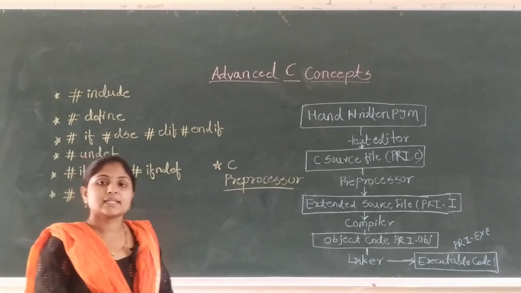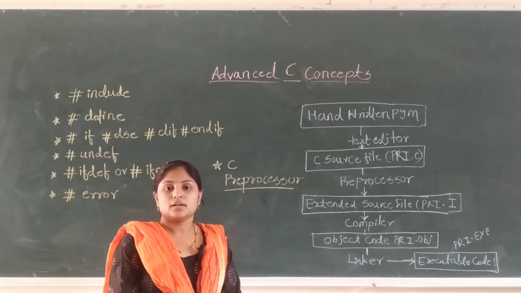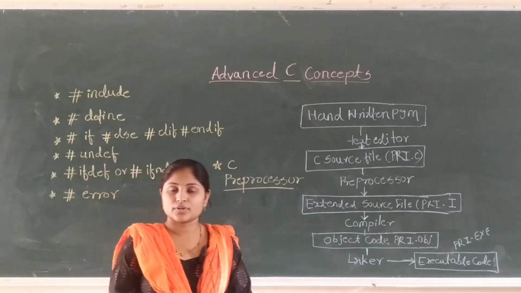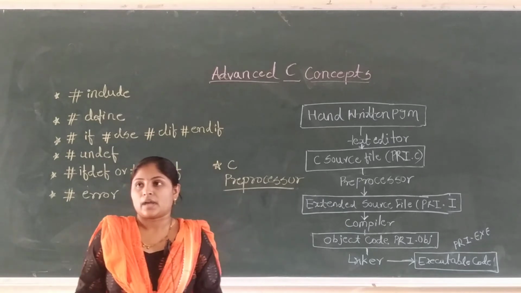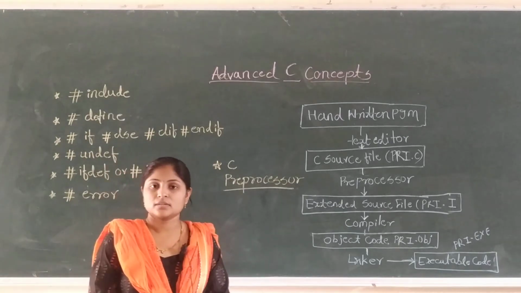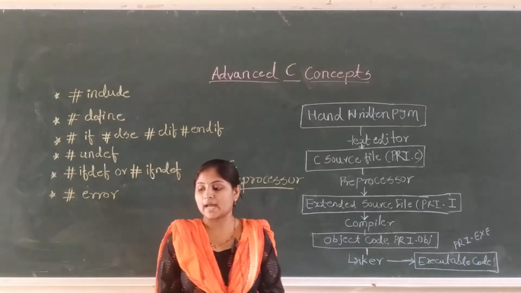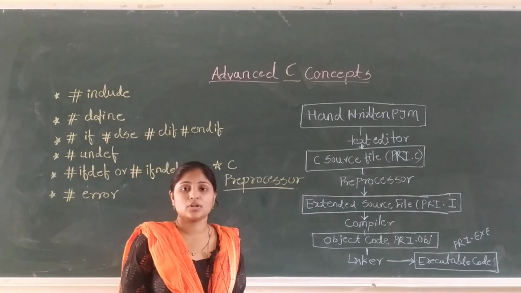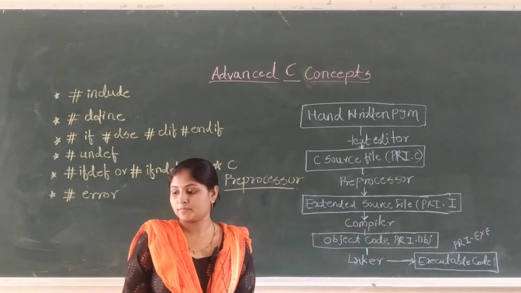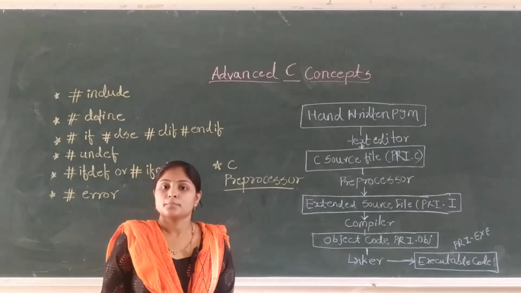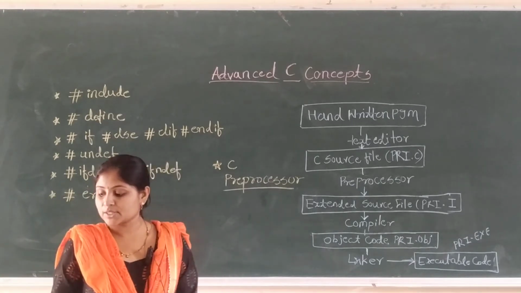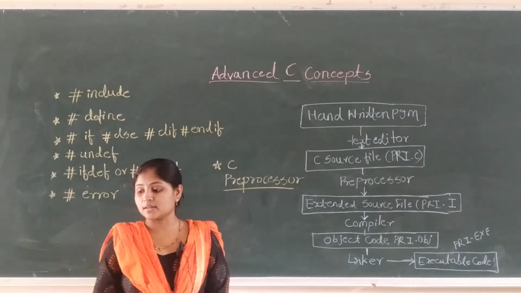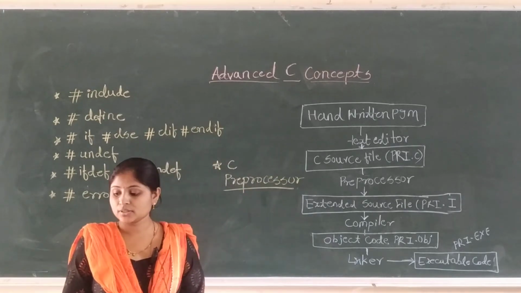Basically, the preprocessor is not a part of the compiler. Whenever we use the hash symbol, it represents the preprocessor, and preprocessing means that the process will happen even before the compilation. That is the pre-compilation part.